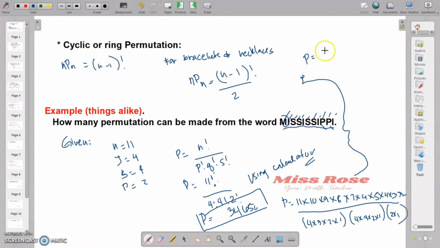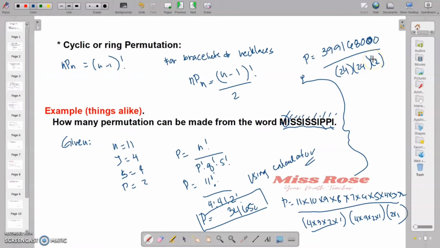So P equals 399,168.0. Next is this: 4 times 3 times 2 times 24, also 24, then 2.